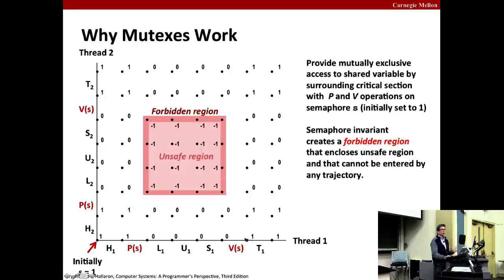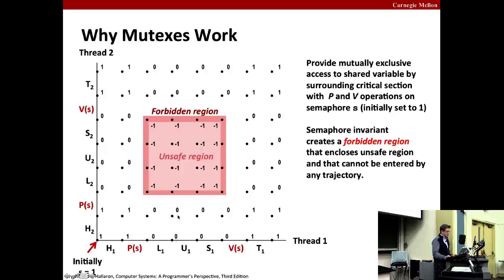If we go through similar reasoning for the trajectory to any point in this state space, let's say this point right here, we could execute thread 1 up to this point, finish the L1, then execute H2.